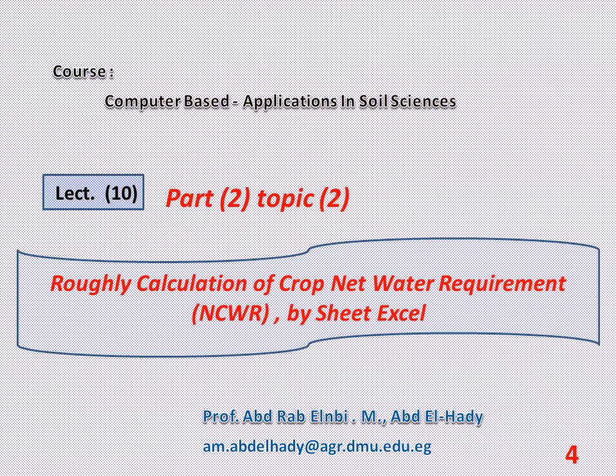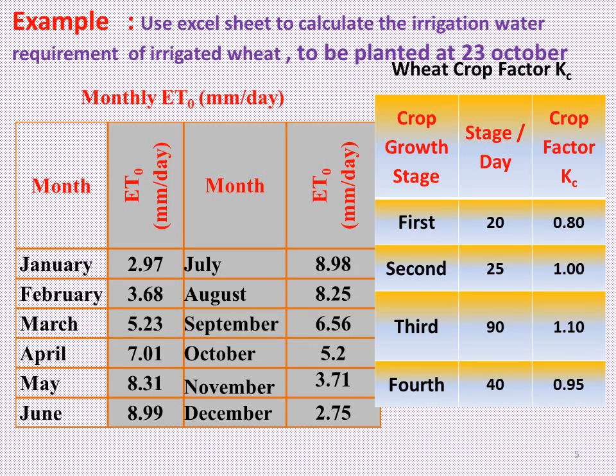Now we turn to topic 2, which has the title of roughly calculation of crop net water requirement, NCWR, by using Excel sheet. Here is a clear example to use an Excel sheet to calculate the irrigation requirement of irrigated wheat, which is planned to be planted on 23 October.